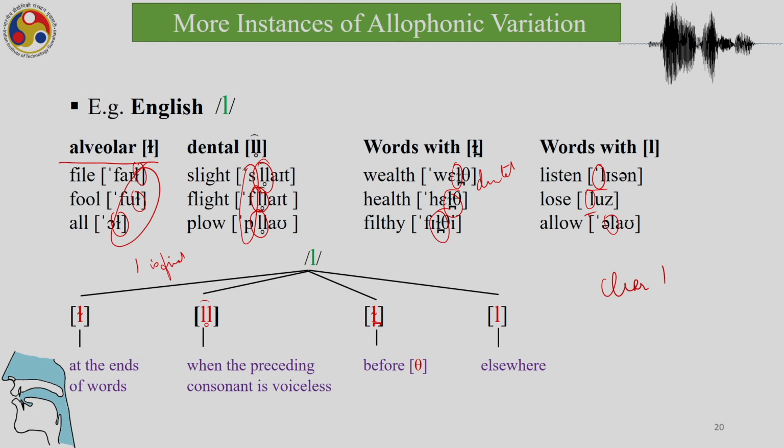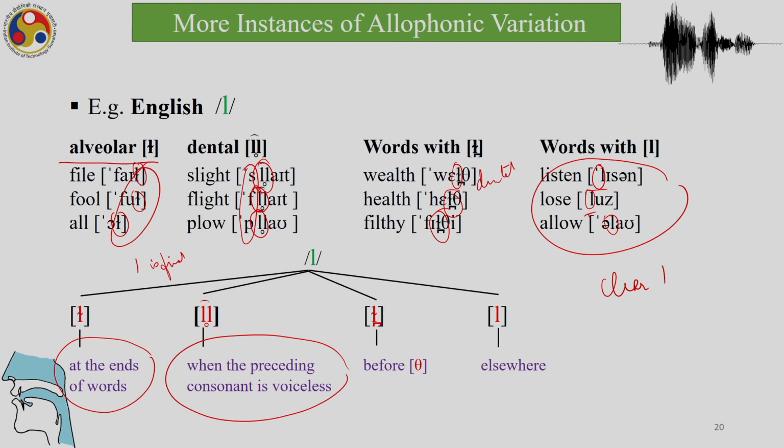So we see more varied environments here, and we see a consistent environment here: the dental fricative, the voiceless consonant, and the word final position. So for the English L we have its velarized form, the darker form, in the final position, and a voiceless L when it follows voiceless consonants. Then we also have a velarized as well as a dental one. The symbol here shows that it's velarized, and this symbol shows that it's dental.